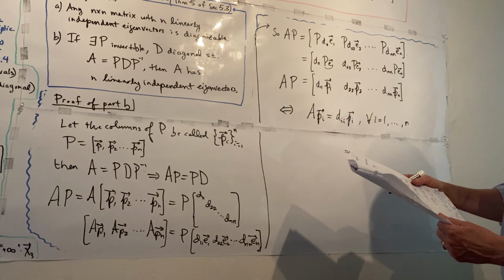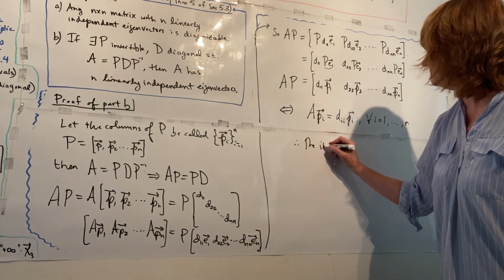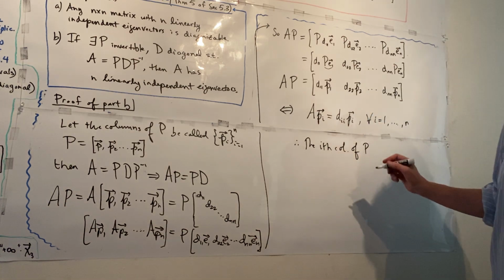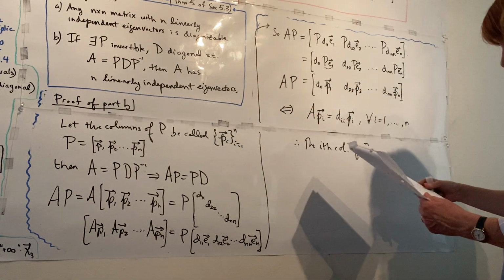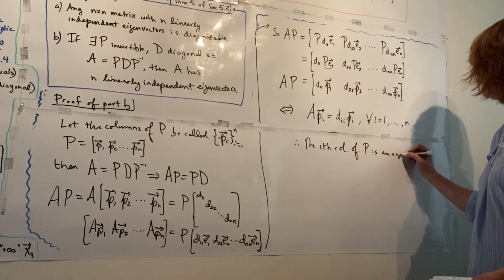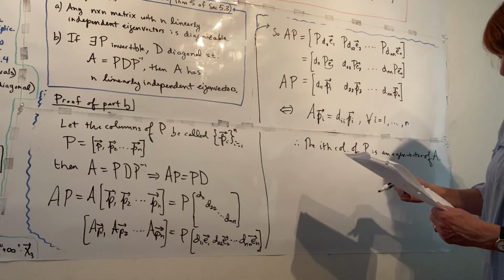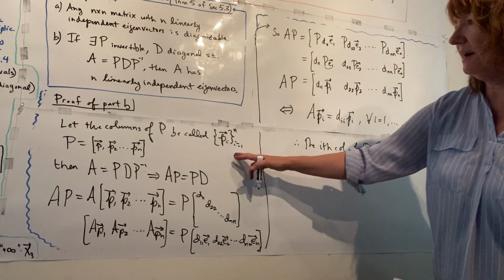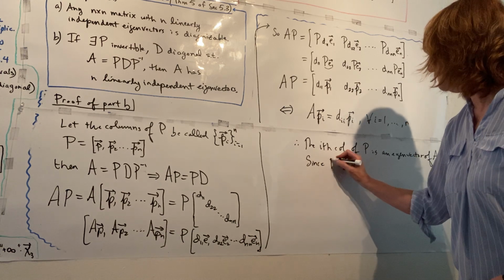So what do we have? Therefore, the ith column of P, whatever invertible matrix that was given to us in the beginning, that worked in that relationship there, the ith column of P is an eigenvector of A. And since P is invertible, the columns Pi are linearly independent.